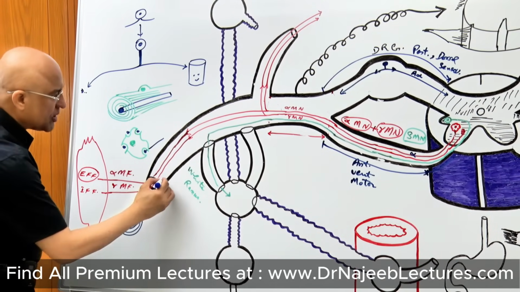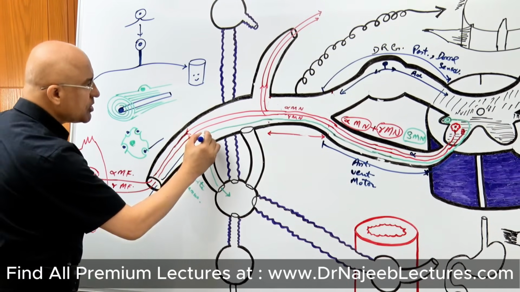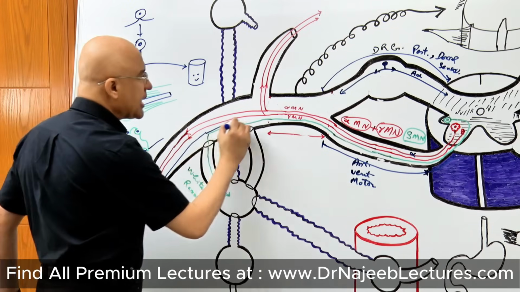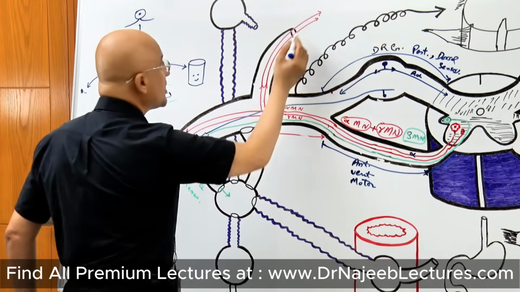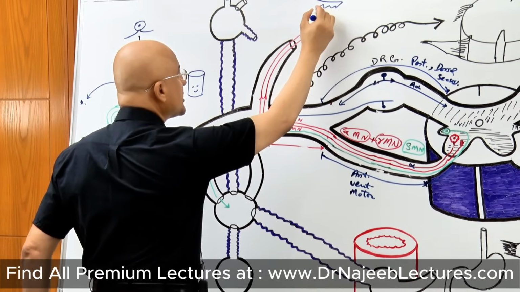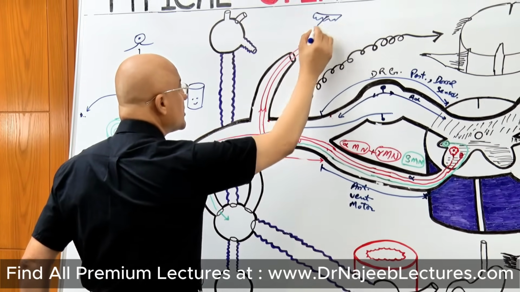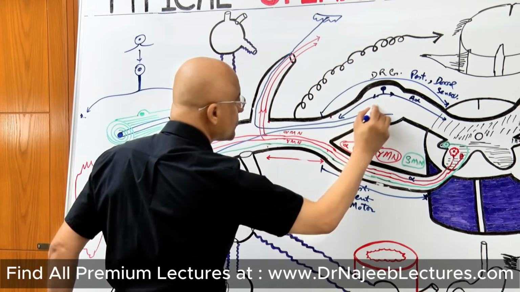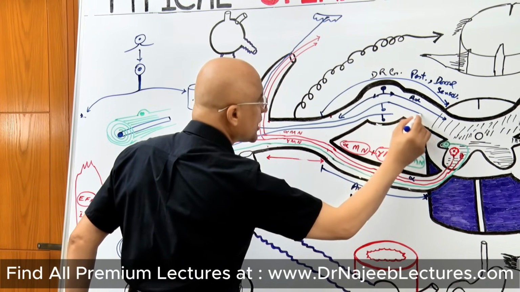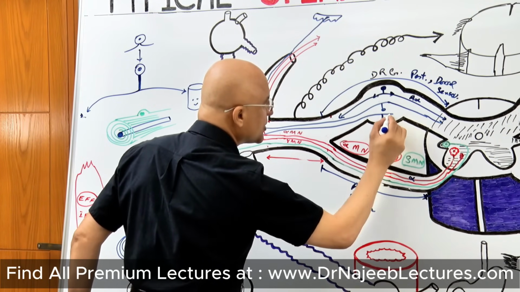So these are sensory fibers going. Now these sensory fibers will actually go to the posterior root. In the same way, sensory fibers from the skin, where there are some receptors, come from here, the dorsal root, and they also go to the posterior root and eventually connect to the central nervous system.